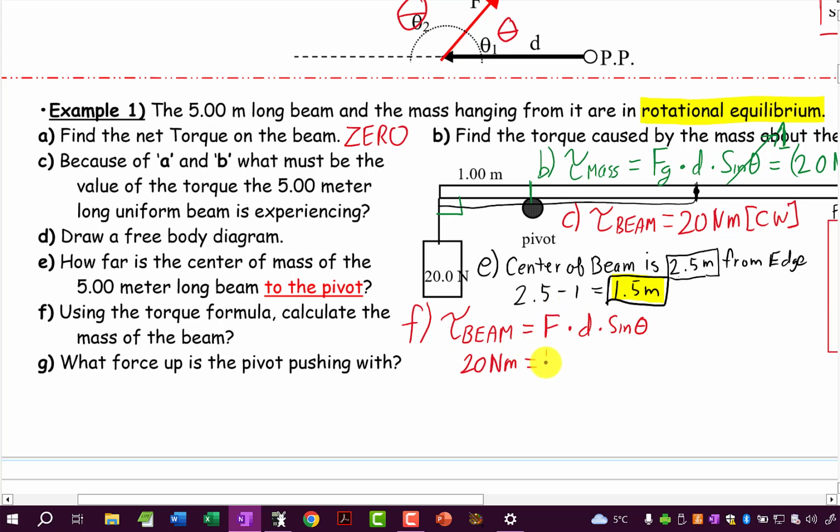The force of gravity of the beam is just mg. The distance is 1.5 meters, and it is the sine of 90 degrees, which is 1, because it's straight down, it's perpendicular to the beam.